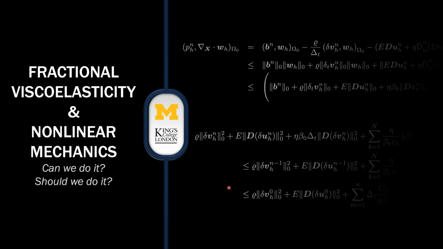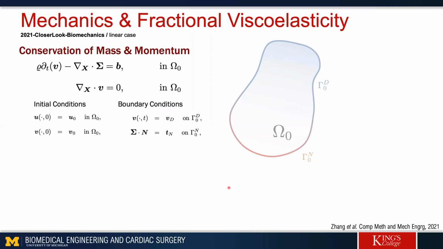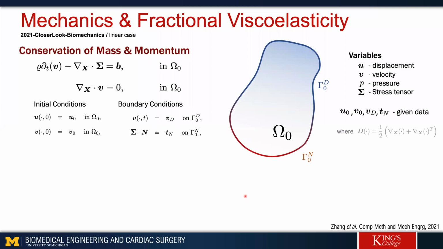And so the first thing we wanted to look at is, logistically, what is this going to look like from a computational perspective? If we want to actually use this for simulations, we need to know that we can efficiently use these types of techniques. So the first thing we did was look at a simple linear viscoelastic setting. This is basically our mass and momentum balances for a boundary value problem, if we thought of a forward problem in time.